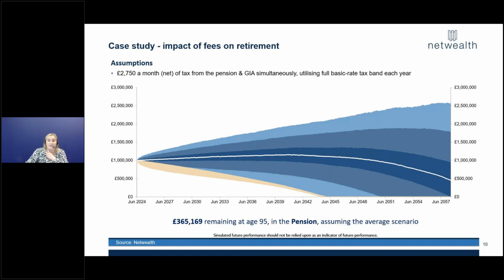And it being in the pension at the end is beneficial from a financial planning perspective, as your pension falls outside of your estate for inheritance tax purposes. And so this client has achieved an objective of their investment portfolios providing an income for their retirement, and they've also been able to pass on a nest egg to the next generation with the funds left in their pension at age 95 that is then outside of their estate for inheritance tax purposes.